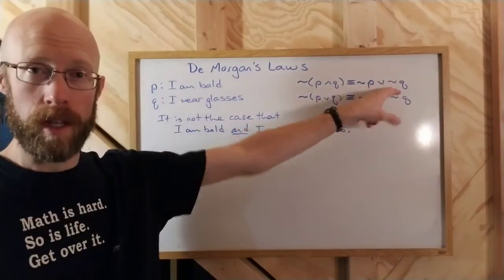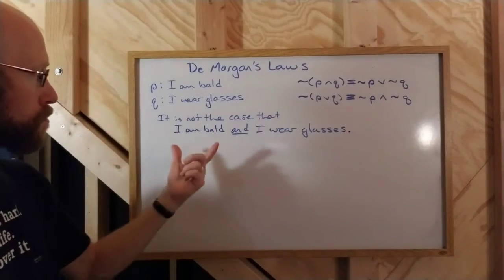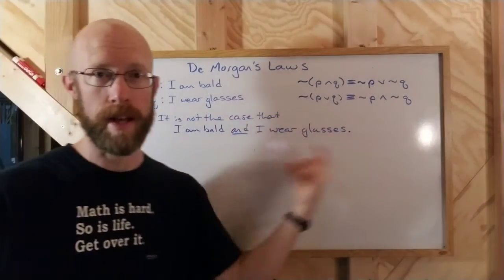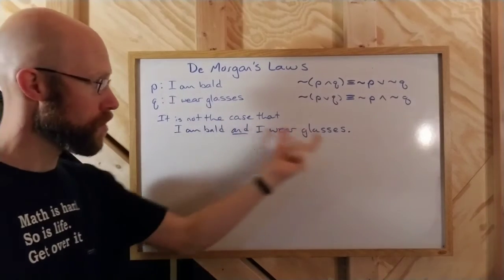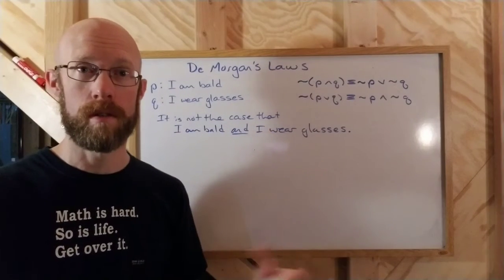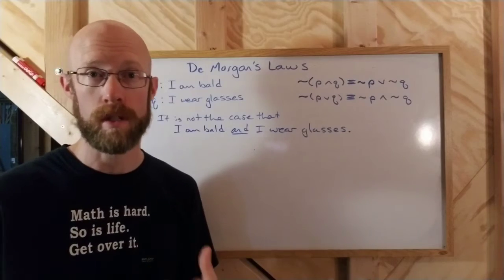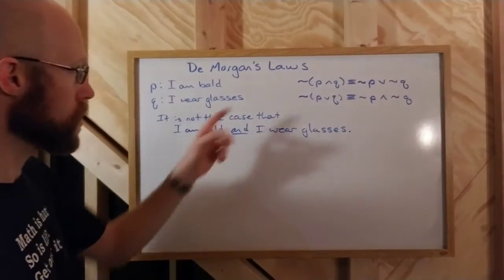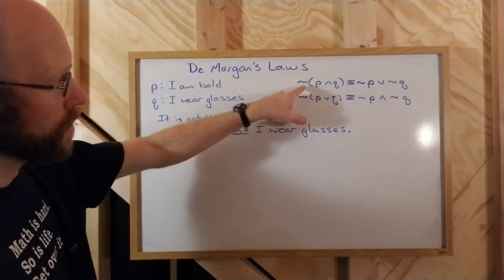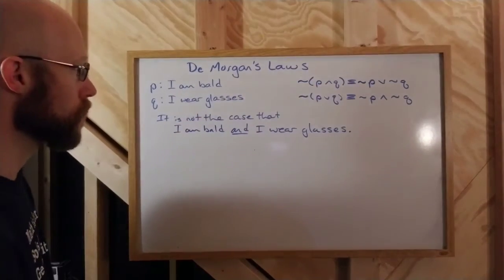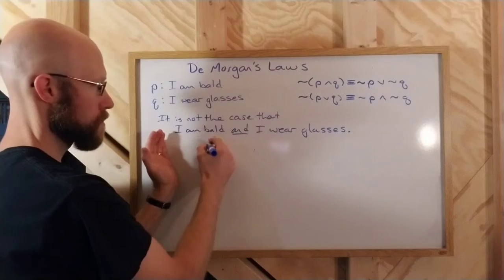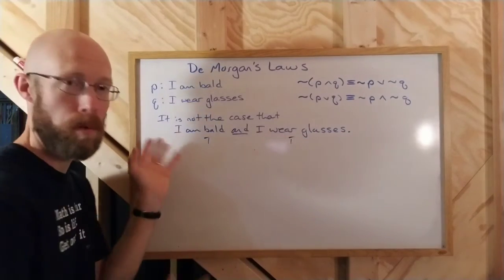Now, equivalently, if I'm not both bald and wearing glasses, then it must be the case that one of those two parts is not true, doesn't hold, right? So when I say it is not the case that P and Q, well, if I just said I am bald and I wear glasses, that means both of those are true, both portions.